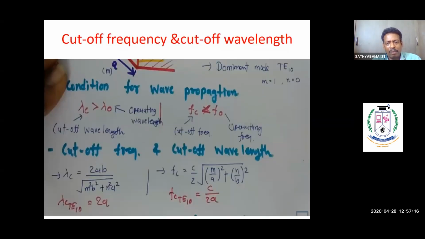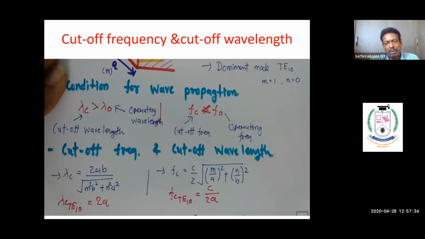And here you have the formula for cutoff frequency. So using this relation, we can make waveguides for any bandwidth you need. For the required cutoff frequency, you simply have to find the values of a and b. Here m and n refer to that suffix. You have seen, right, TE10.